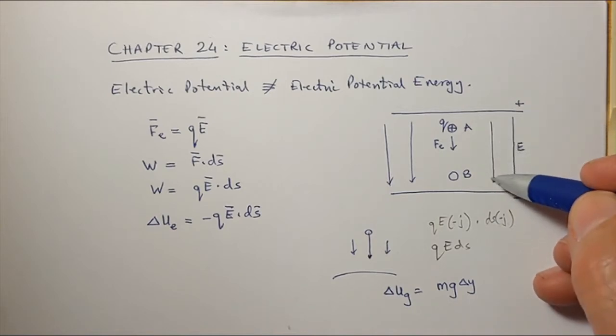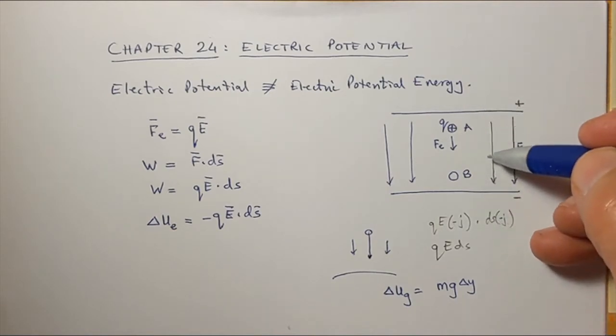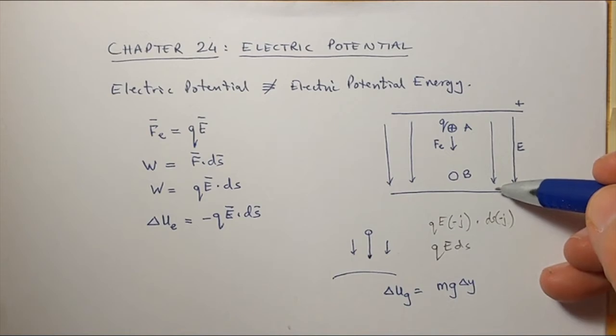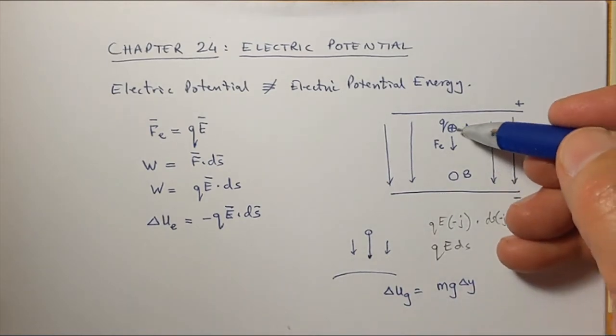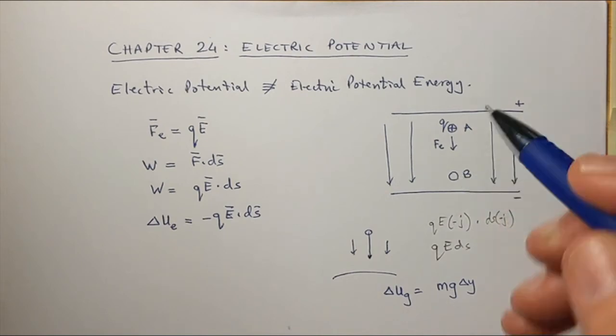Similarly, as this goes towards the negative plate, it will lose potential energy. That may convert into kinetic energy, but the potential energy will get smaller.